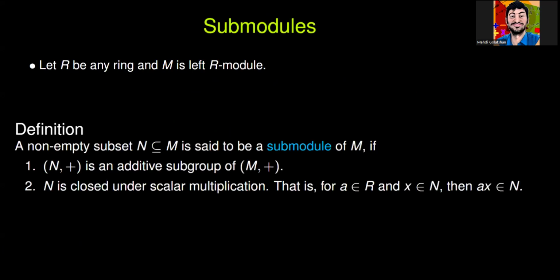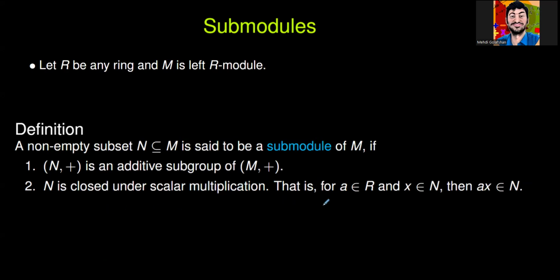The non-empty subset N of M is said to be a submodule of M if the following conditions hold. The first condition is N with addition is an additive subgroup of M with the addition operation. And also N is closed under scalar multiplication.